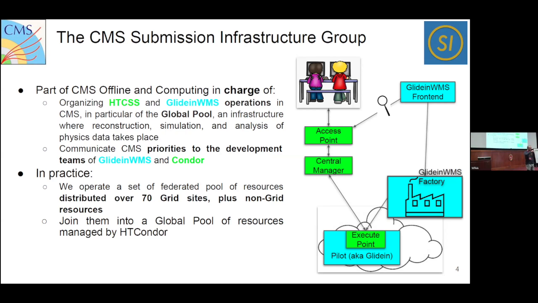But if you're new to it, a pilot or glidein is the way GlideinWMS reserves resources on the grid, on external computing centers. It's the same technology used by the OSG pool, and it's what is used to launch and spawn an execute point on the fly. It has a limited lifetime.